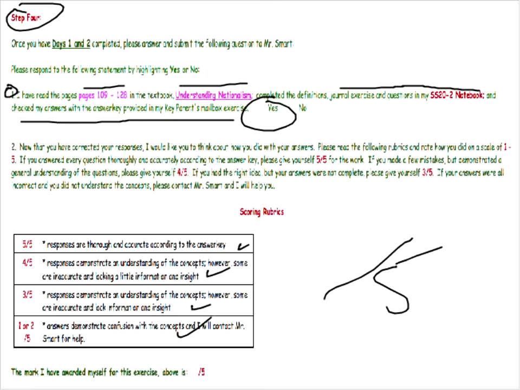So if you're on the right track for pretty much all of them, give yourself 5 out of 5. If you had the right idea for pretty much all of them, maybe 1 or 2 you missed the point, give yourself 4 out of 5. Okay, and then so on down the rubric.